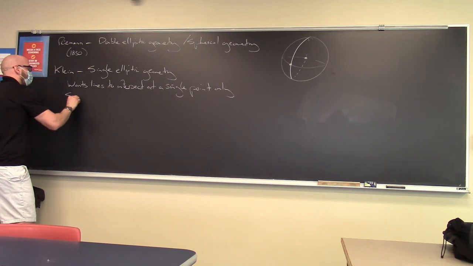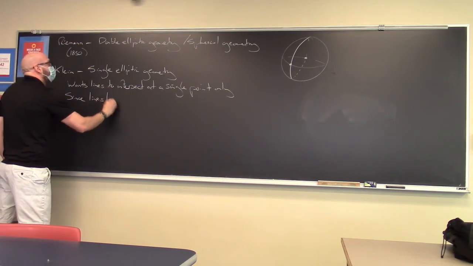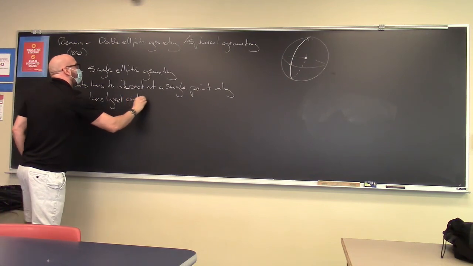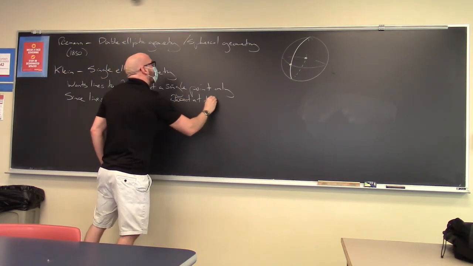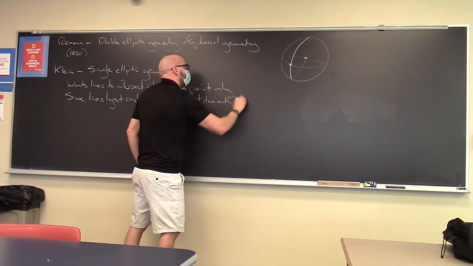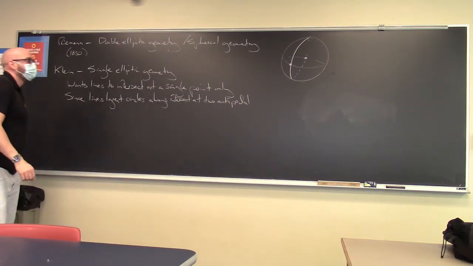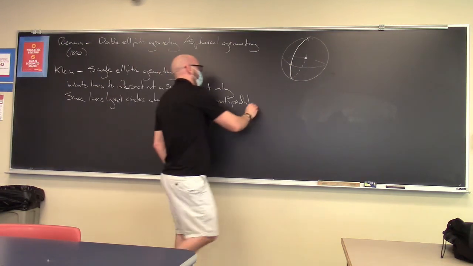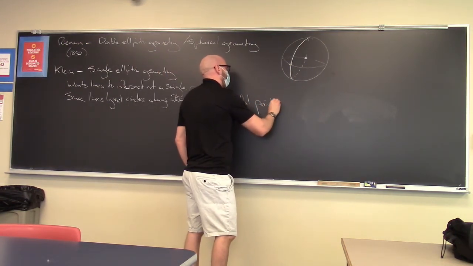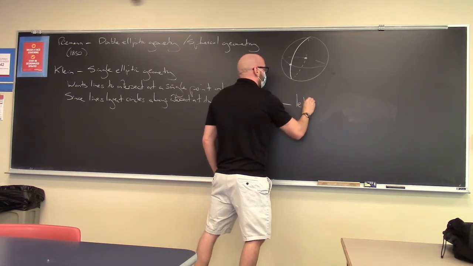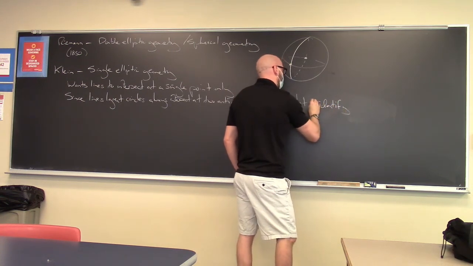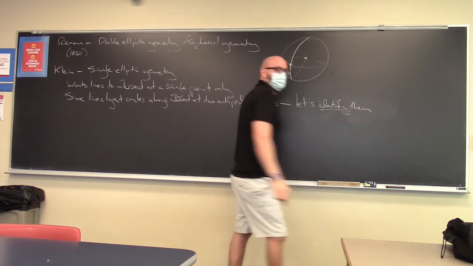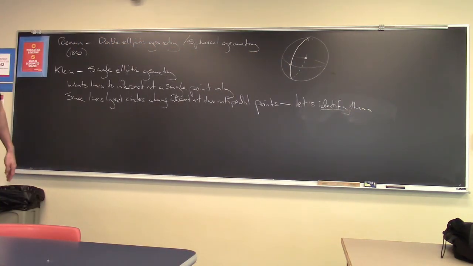And since lines, which are of course great circles, always intersect at two antipodal points, let's identify them.